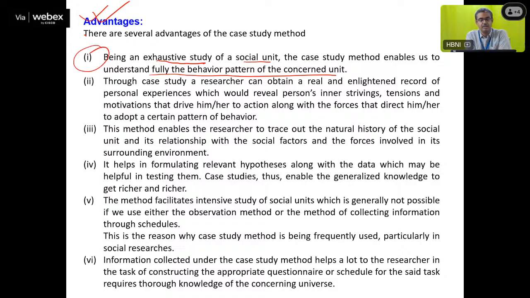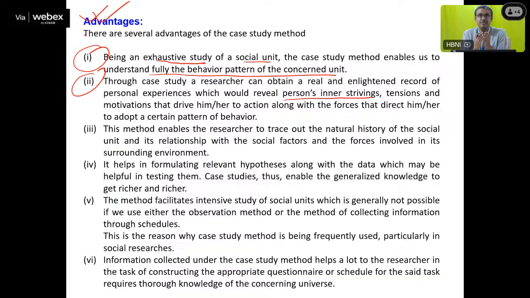Okay. Second, what is the second advantage? Through case study, a researcher can obtain a real and enlightened record of personal experiences, which would reveal a person's inner strivings. So what you are doing in sociology research, right? If you consider that the unit which you are studying is a person, and you do an exhaustive study, means intensive study with a long time frame, and you study the behavioral pattern.